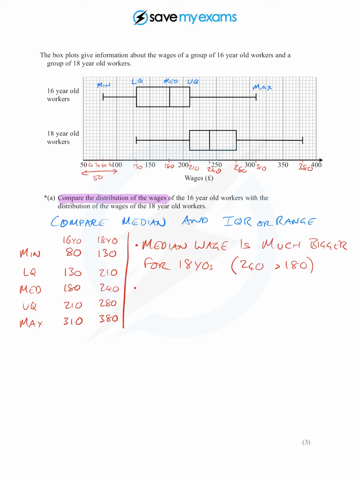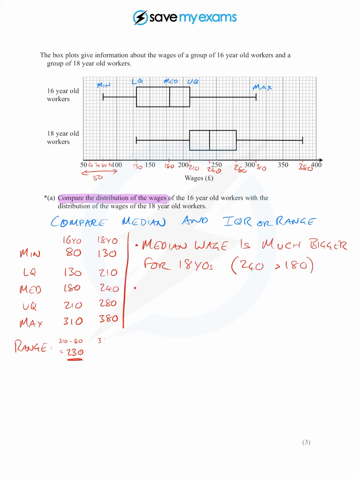Well, are we going to do the range or are we going to do the interquartile range? I'm going to do the range, I've decided. Okay, so the range here for 16-year-olds is 310 minus 80, which is 230, is it not? 31 minus 8 is 23, so 310 minus 80 is 230.